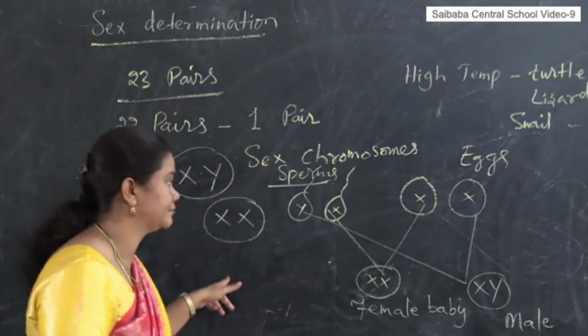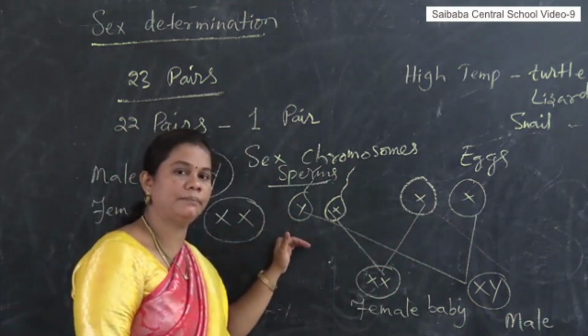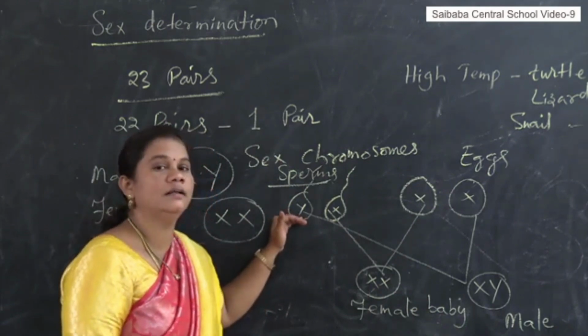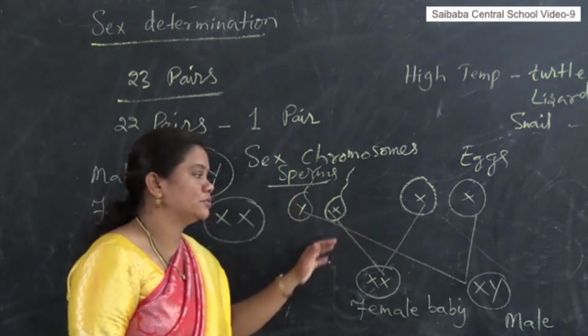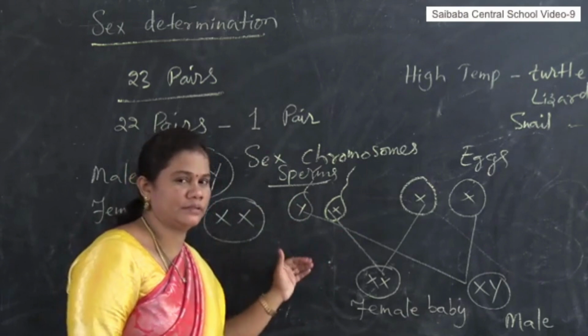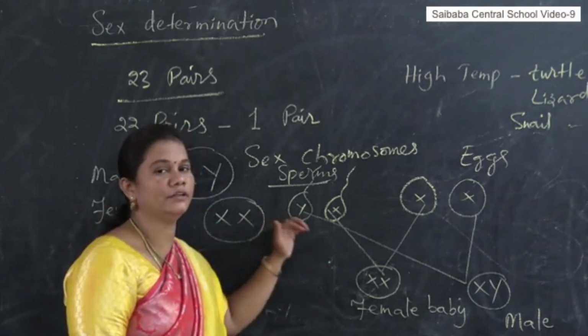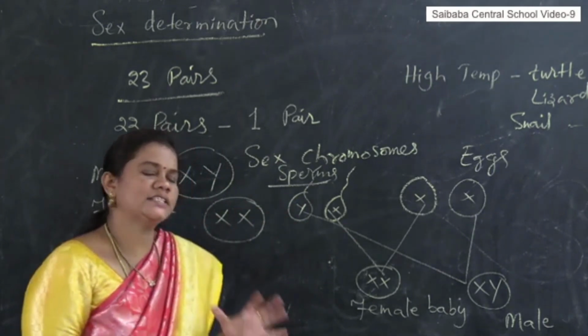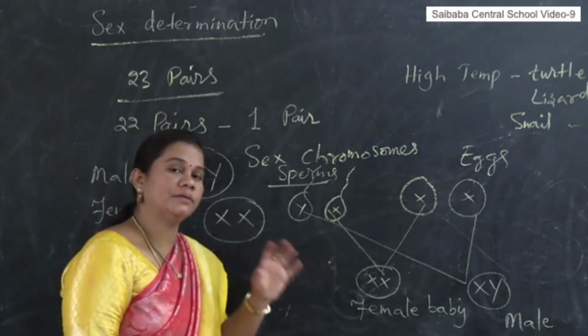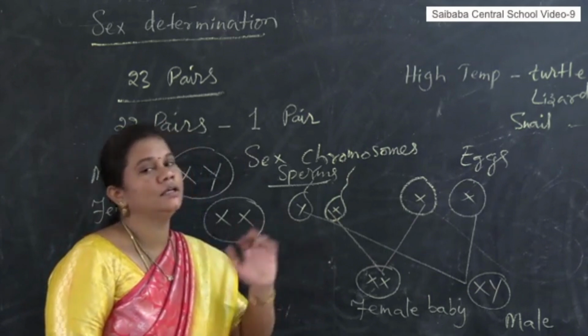So like this, with the help of genetics, based on the pair of chromosomes formed during fertilization, we are able to determine the sex of an individual. So like this, genetics plays an important role in the determination of sex of an individual in humans.